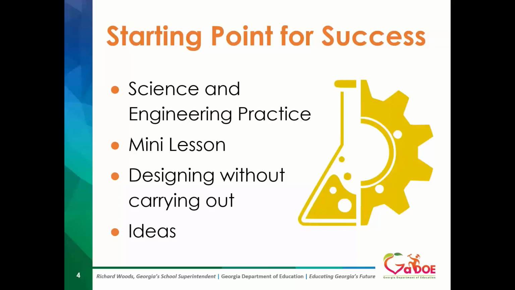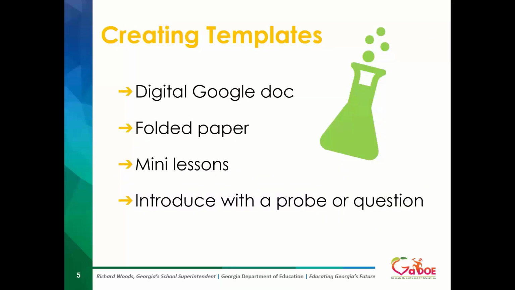I also love glancing through science catalogs for ideas that I'll make my own spin on. And so those are just 2 places that you can start when you're trying to figure out what lab to use when you're teaching genetics or when you're teaching cells. It's just a great place to start.